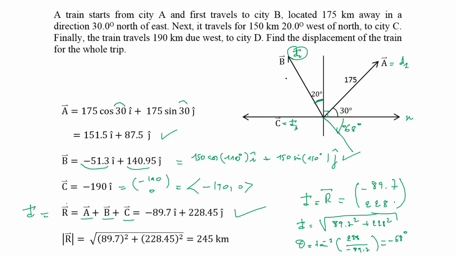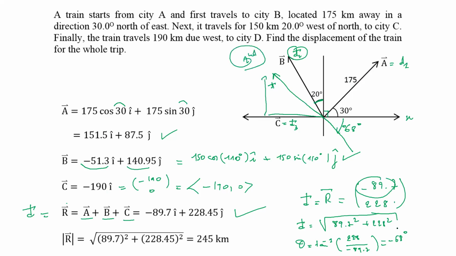But my vector, I know that it's here, so I have to add 180 degrees. Why do I know that the displacement is here? Because I know that it has a negative x and a positive y, so it's in the second quadrant.